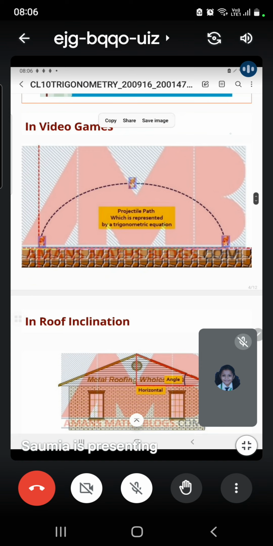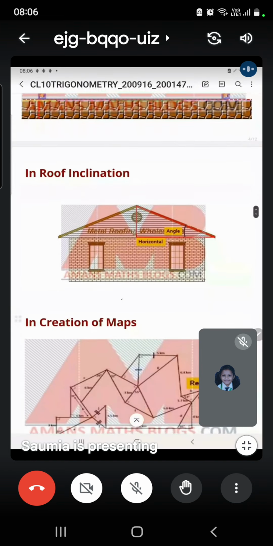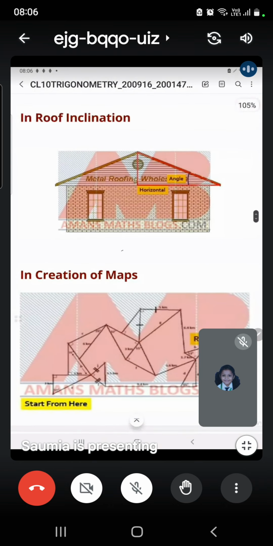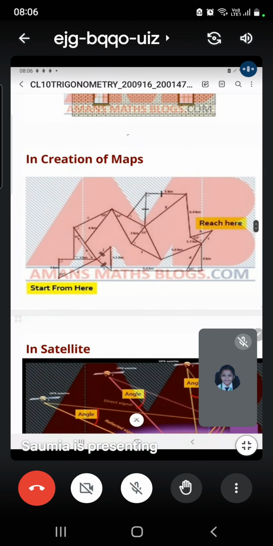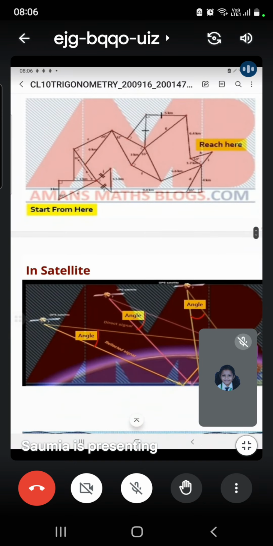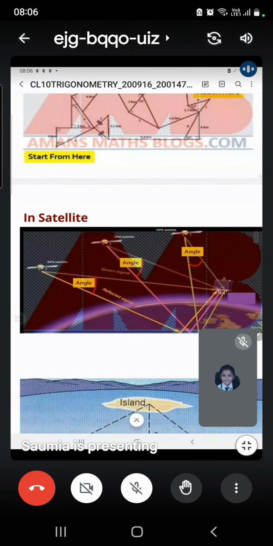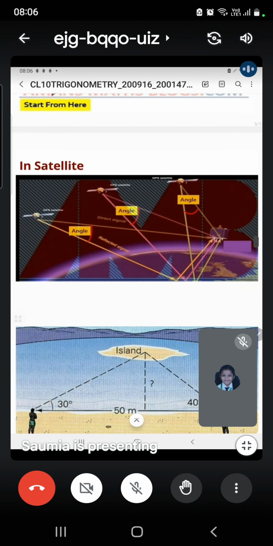Then in your video games, a lot of trigonometry is used. Construction, roof inclination, this is another application. Creation of maps, a lot of trigonometry involved. As I told you, when we order food and we make out how far the food is from us, a lot of trigonometry, a lot of coordinate geometry there.